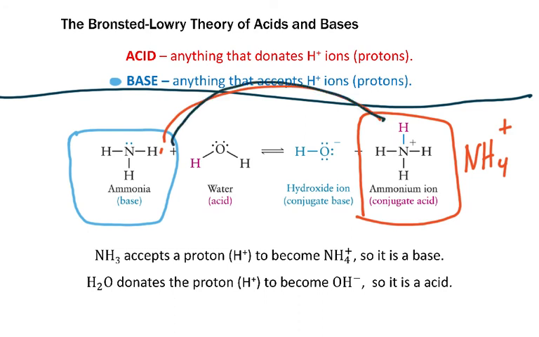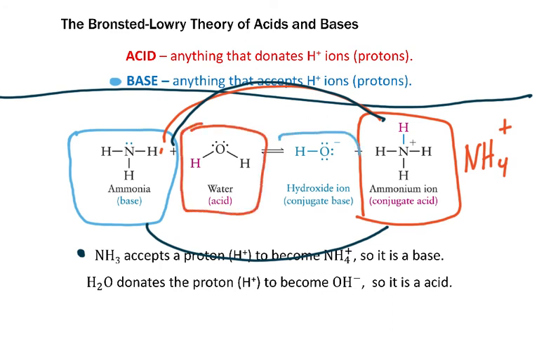So you can see the clear connection between these two. NH3 is a base because it accepts a proton to become NH4 plus. And in this case, where did that proton come from? It actually came from water. So water could accept a proton in the last slide. In this case, it's donating a proton, and it becomes OH minus. So the water is an acid in this case.